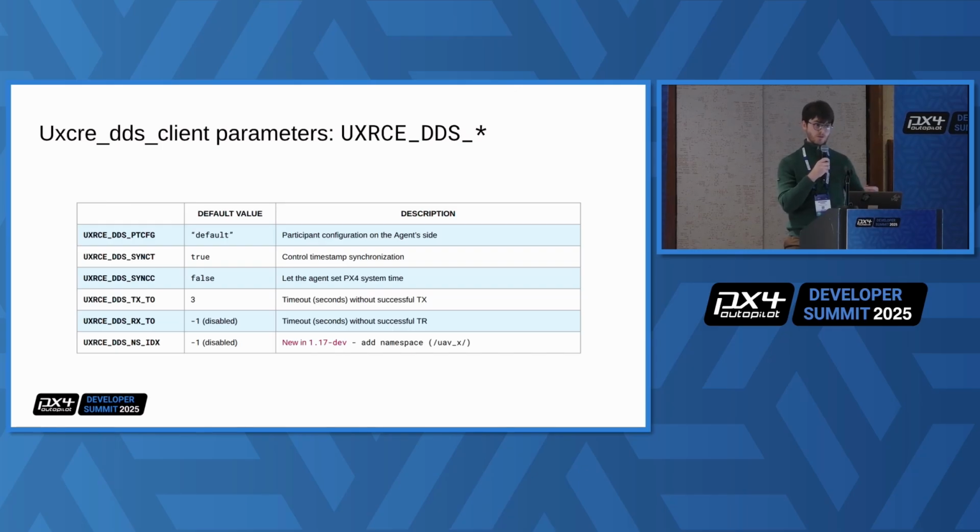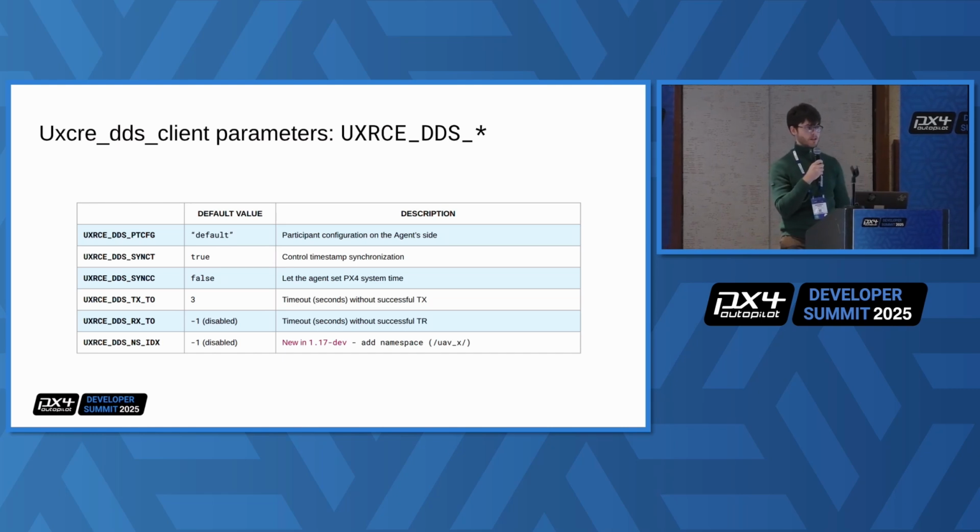So if you are doing swarming, that's a very useful feature. It will just add to your ROS 2 topics UAV underscore and then whatever value you put on that namespace parameter. It's disabled by default with the -1 though.